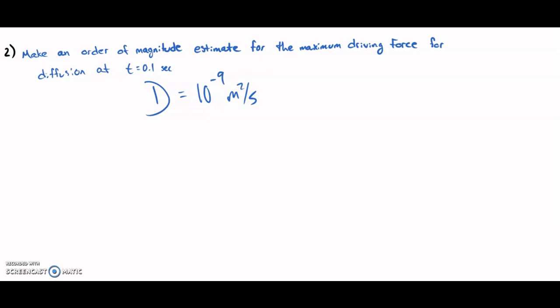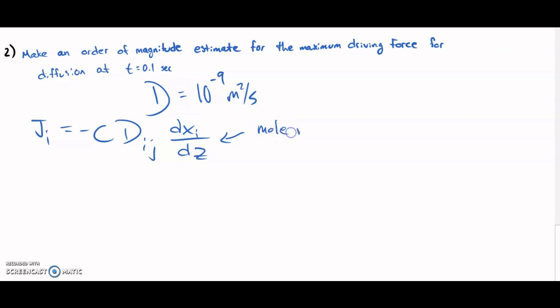And one way we can relate the diffusion coefficient to the driving force, while also using the molar diffusion flux, is Fick's law, which is Ji, the molar diffusion flux, equal to the negative of the overall concentration of the mixture times the diffusion coefficient times dxi/dz, which is the mole fraction gradient, which is the driving force for diffusion.